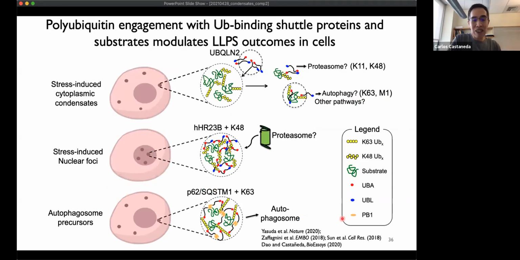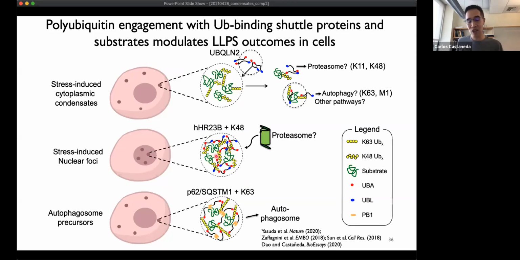Because there have been some really interesting recent papers that have shown how P62, which is another shuttle-like protein, has a UBA-like architecture. It works together with K63-like chains to make a pre-autophagosomal structure, which will then recruit other components to make the autophagosome, which is more of a membrane-bound organelle, right?